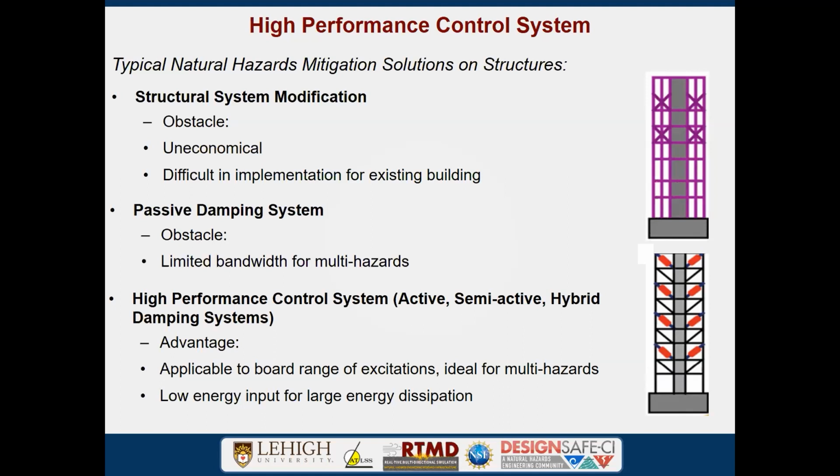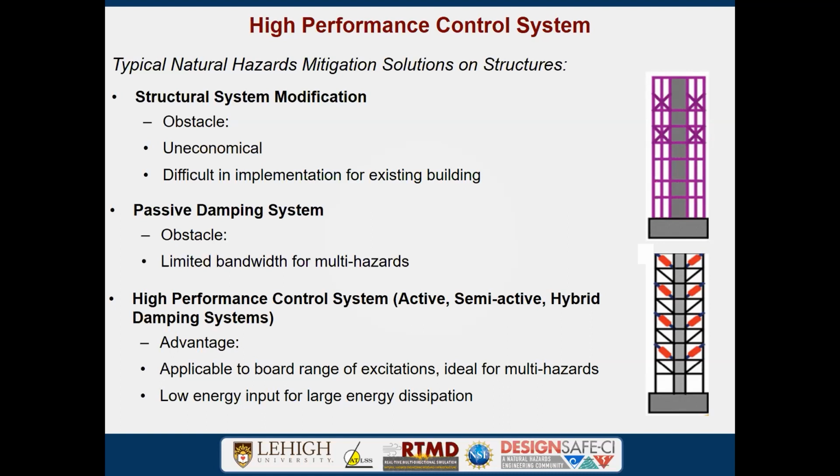The second way is using passive damping systems, such as viscous dampers and isolators. They are good and effective, but they are typically designed for a single type of hazard, because the dynamic behaviors of all these damping systems are not changeable after they have been manufactured, right? Basically, you give a certain input, you get a certain output. So they have a limited bandwidth for multi-hazards.